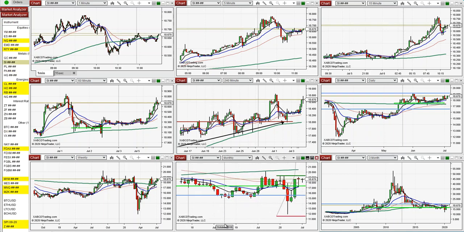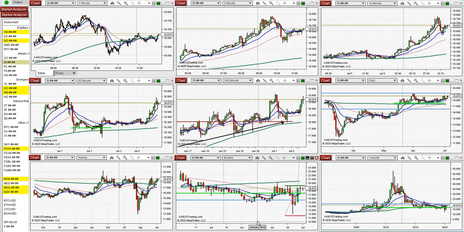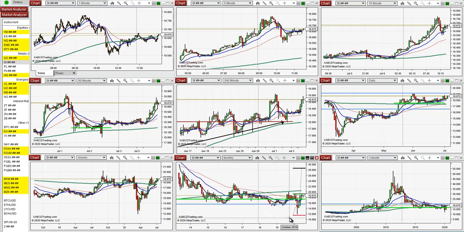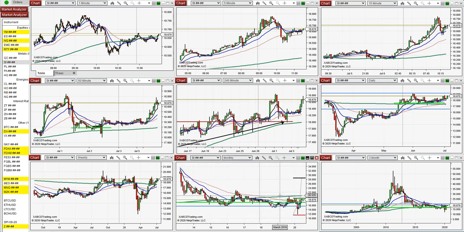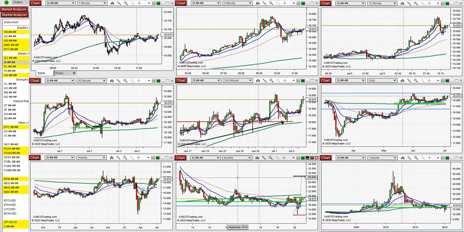If this gets broken, that's for me the last confirmation that tells me that as of now we are running for stop run levels. All these clustered here are stop run levels, so we can actually have a huge bull run till we make new highs.